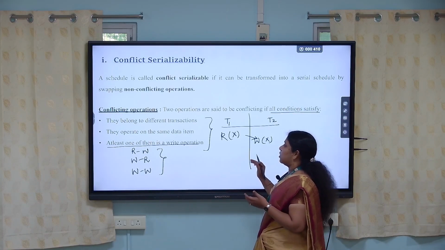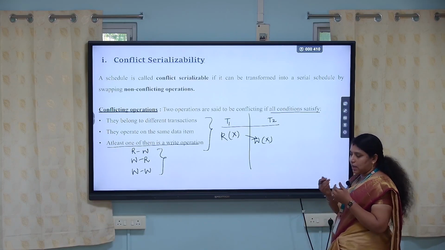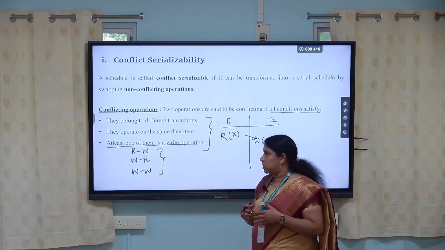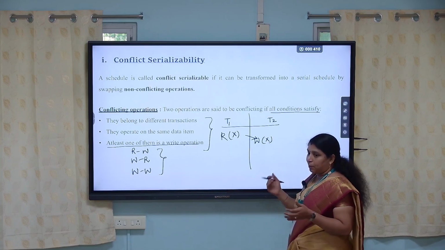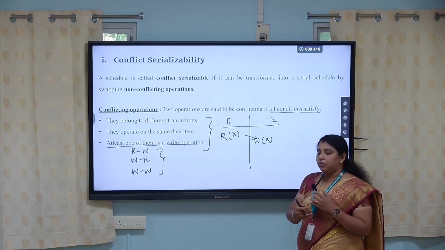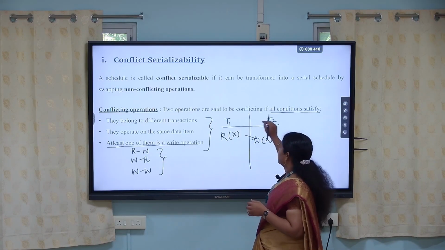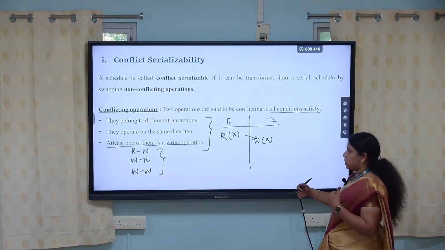A schedule is called conflict serializable if it can be transformed into a serial schedule by swapping non-conflicting operations. To swap non-conflicting operations, we must know what the conflicting operations are. Operations are said to be conflicting if they satisfy all three conditions.